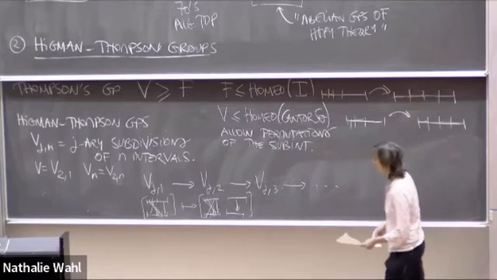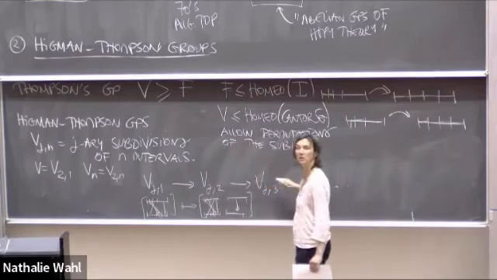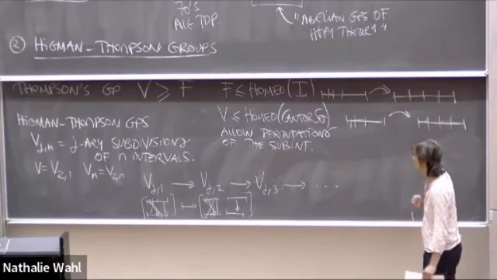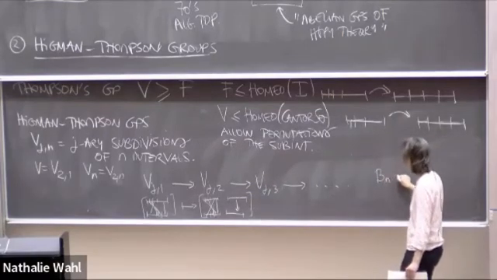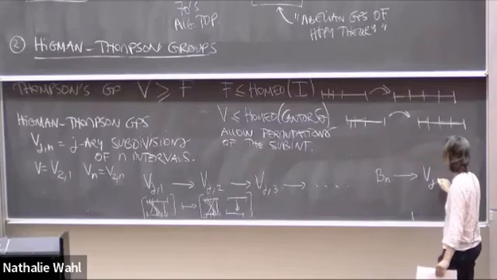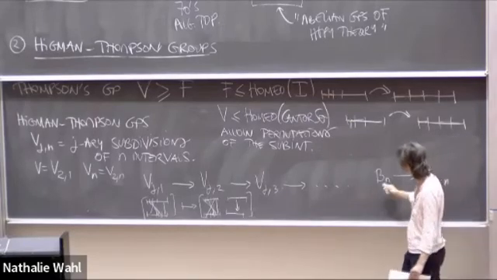Okay, so that is the first piece of data we needed. We needed a sequence of groups. Then we also needed a map from the braid group to the nth group in the sequence, VJN. And what is this doing?